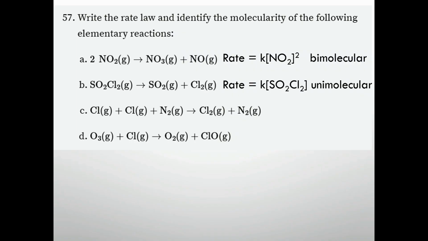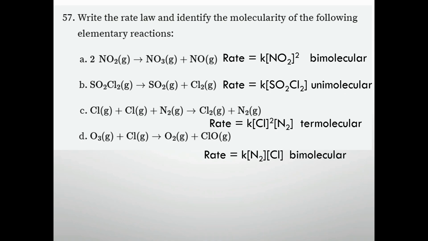Shine light on it or heat it up, and it does fall apart on its own. For the third one, I have two atoms of chlorine and a molecule of N2, so [Cl] squared [N2], that is a termolecular reaction. And for the last one, I have ozone plus chlorine going to oxygen plus ClO.